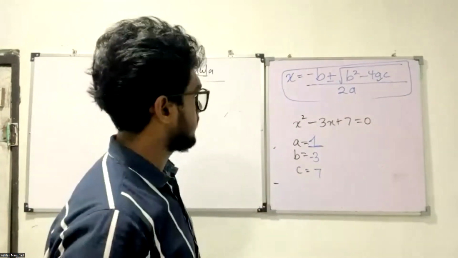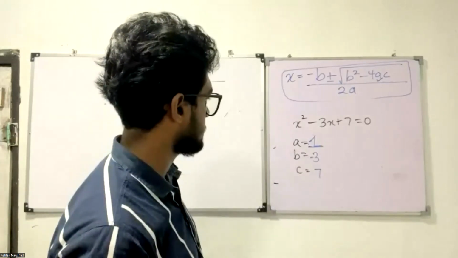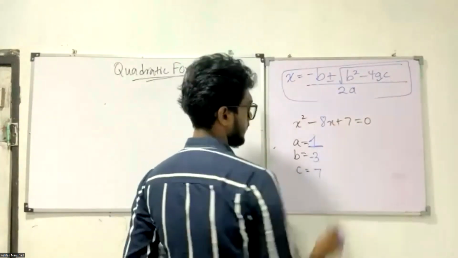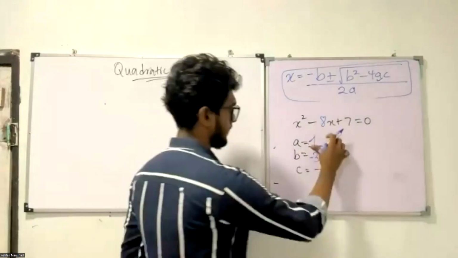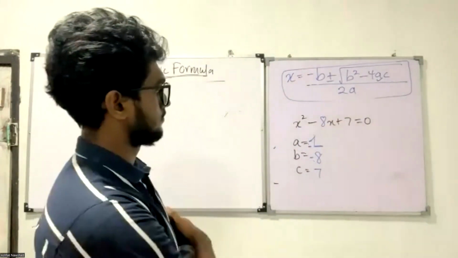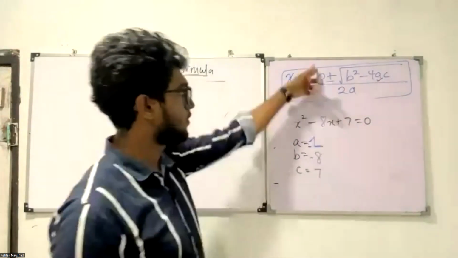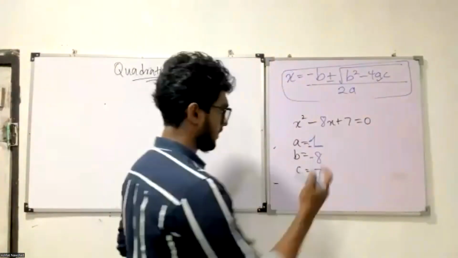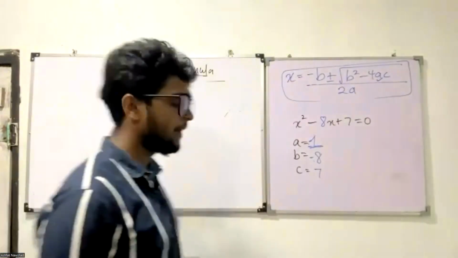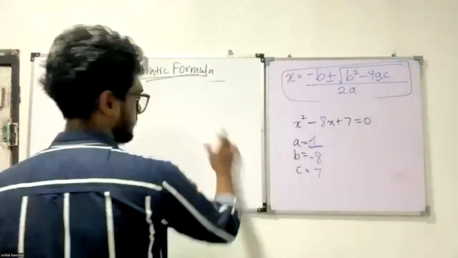Let's change the question like this. Make this minus 8. If not, you will end up with an imaginary answer, not a real answer. Imaginary numbers, those are out of syllabus.